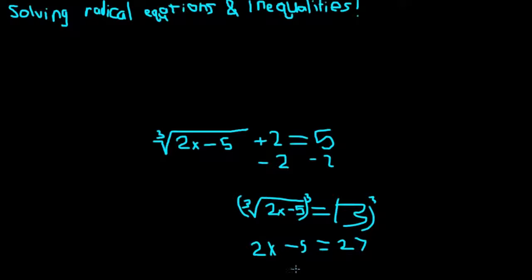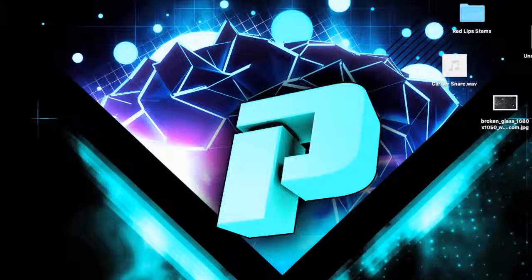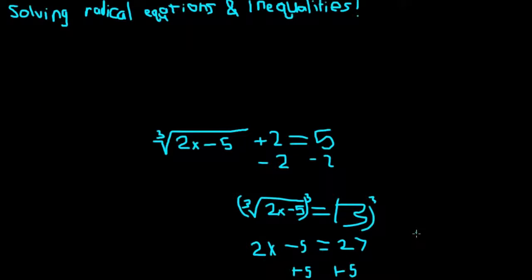So now you're going to add that 5 to both sides, and you're going to get 32 on that side. But on this side, you're going to get 2x.